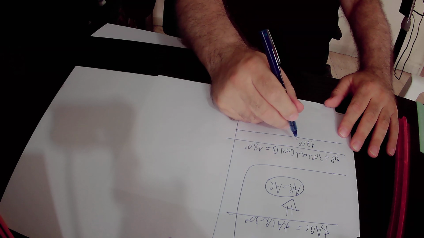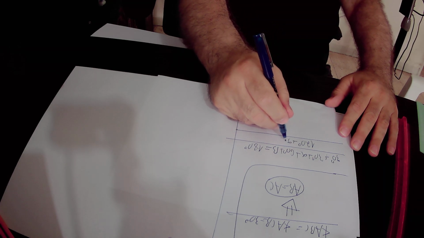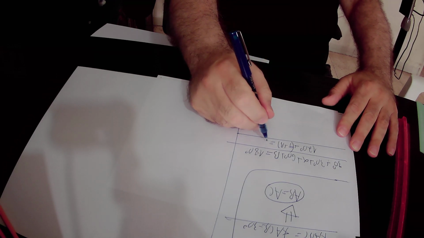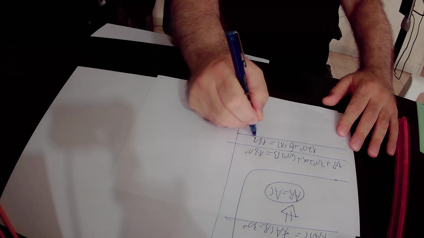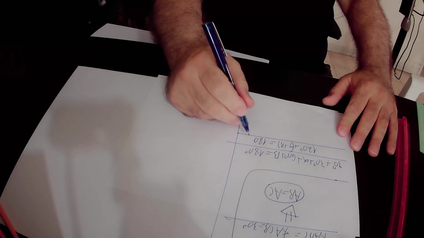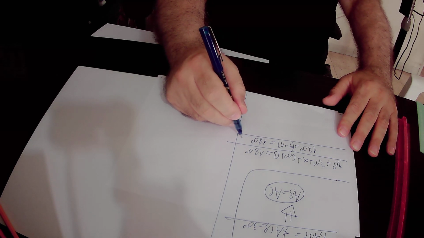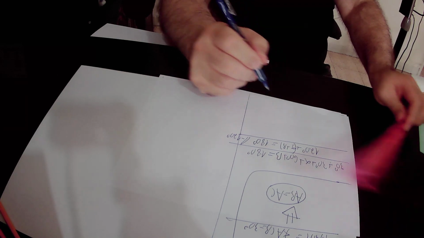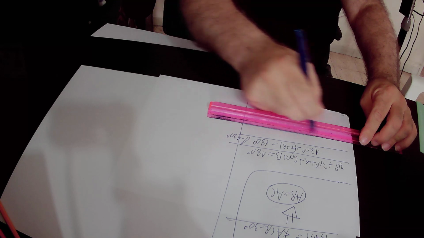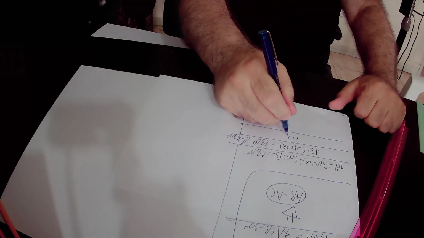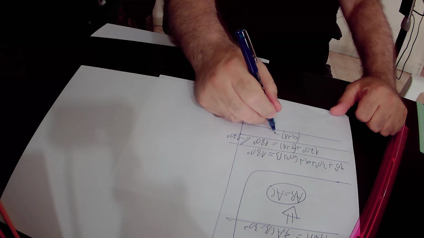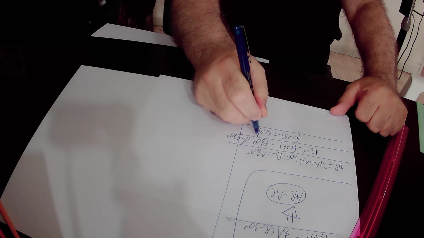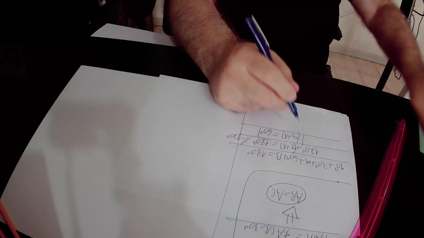We have here also plus alpha plus beta, and on the other side of the equation we have 180 degrees. So 120 degrees plus alpha plus beta equals 180 degrees. We subtract 120 degrees from this equation, and we get that alpha plus beta equals 180 degrees minus 120 degrees, it is 60 degrees. So we found out that alpha plus beta equals 60 degrees.